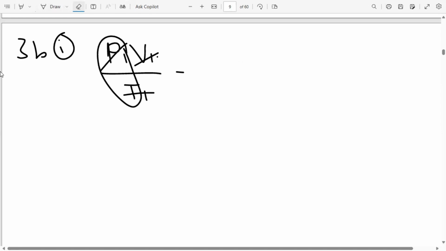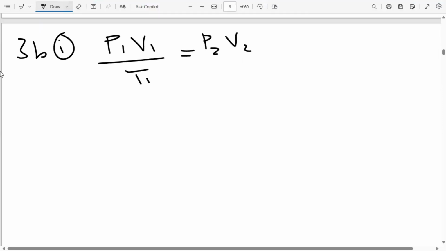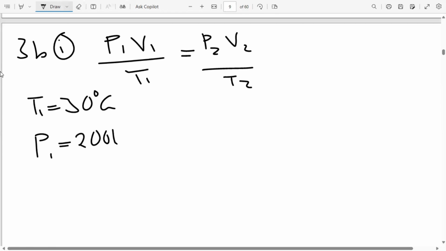Since they've given us two forms, 1 and 2, the equation you're supposed to know is this one. They've given us initial temperature, T1, at 30 degrees Celsius, initial pressure, P1, at 200 kilopascals, and initial volume, V1, of 20 cubic centimeters.